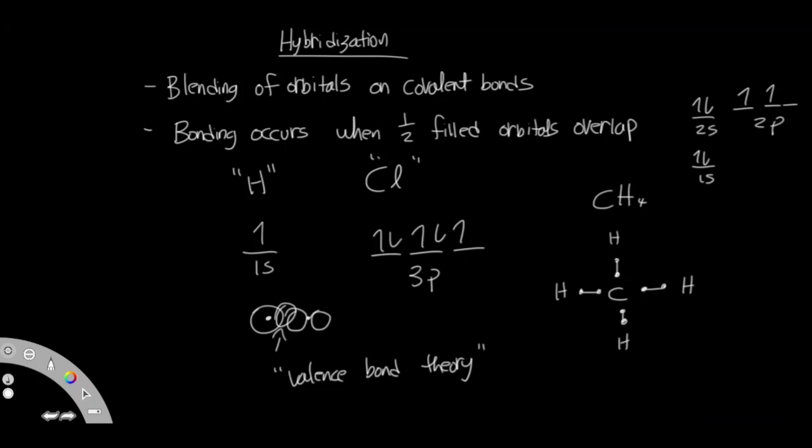Because carbon is the central atom in our example of methane, it has 4 hydrogens: 1, 2, 3, 4. So we have to draw 4 hydrogens. We have a hydrogen here, another hydrogen here, another hydrogen here, and another hydrogen here. All 4 of these need to be bonded with those 4.